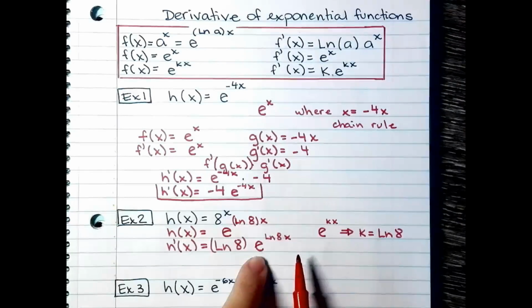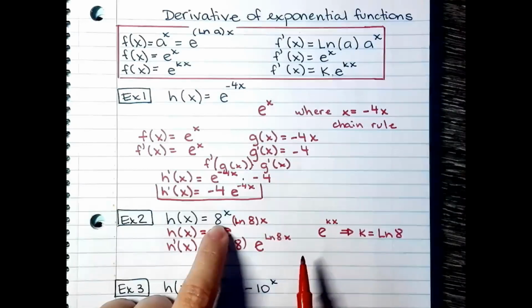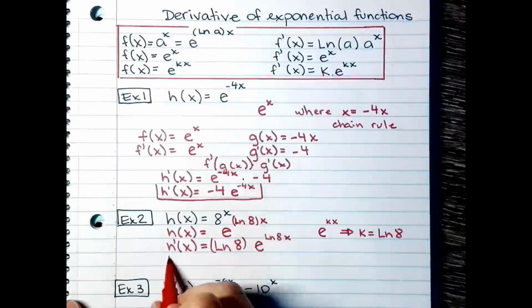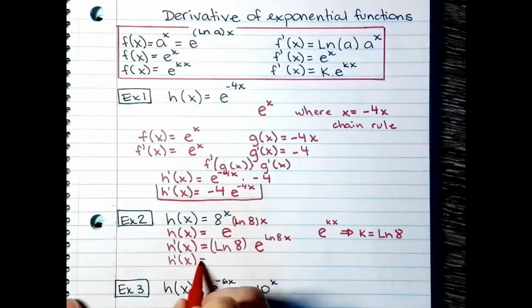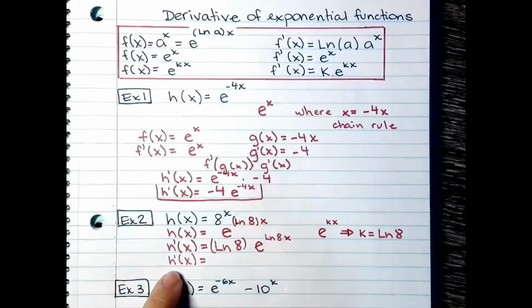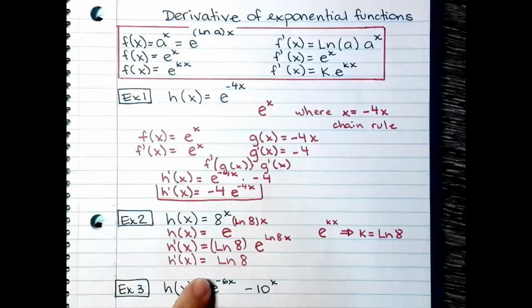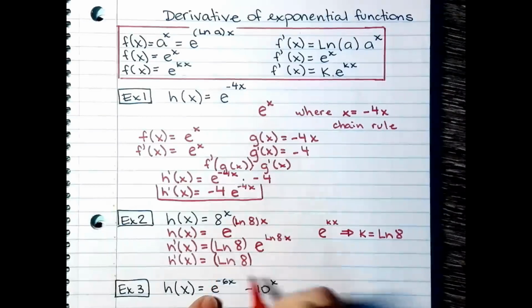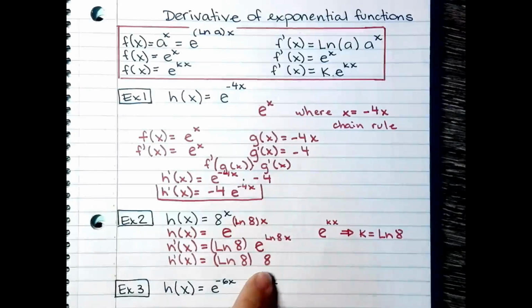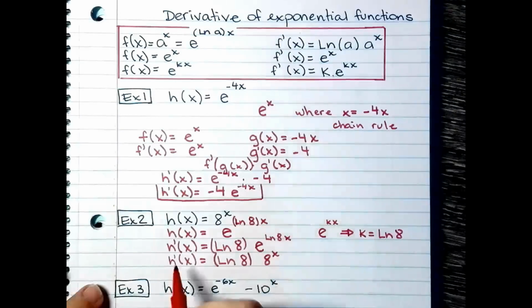Now I need to switch it back to base 8 that I had in the beginning. So finally, my derivative of h of x, I have natural log of 8, and then 8, that was the original base, to the power of x.